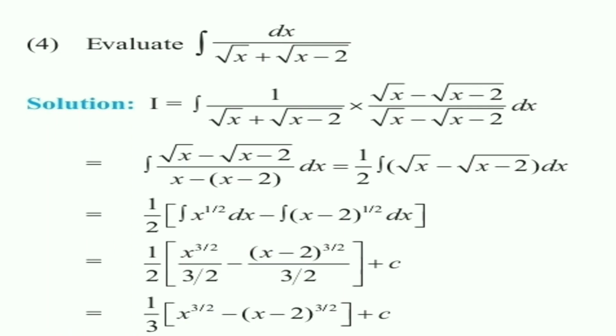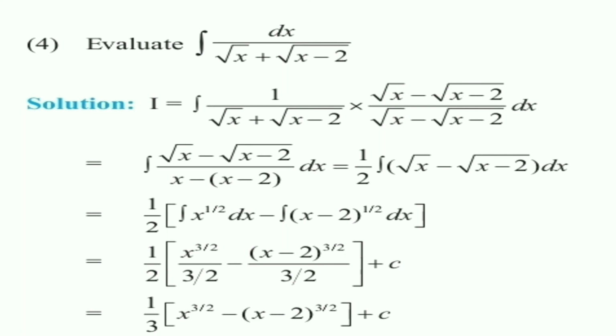Next example, evaluate the integration of dx upon root x + root (x - 2). Solution, I equals the integration of 1 upon (root x + root (x - 2)) into (root x - root (x - 2)) upon (root x - root (x - 2)) dx.